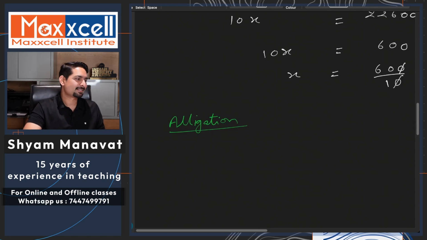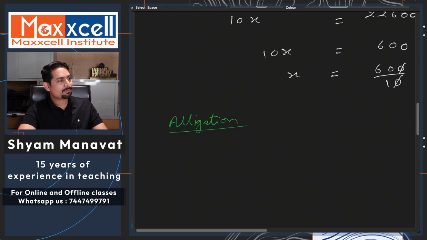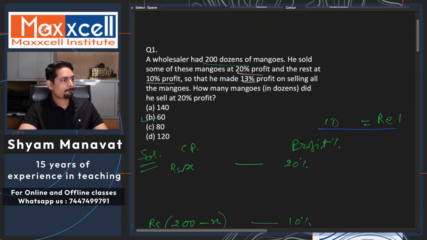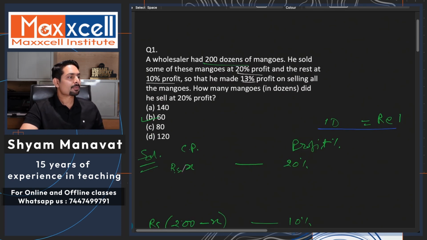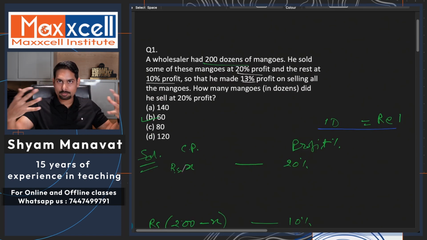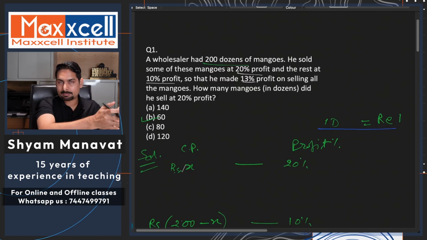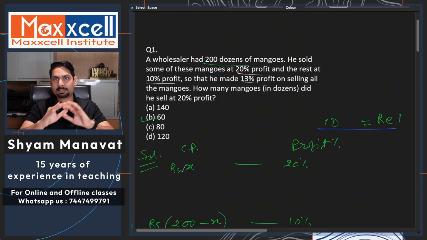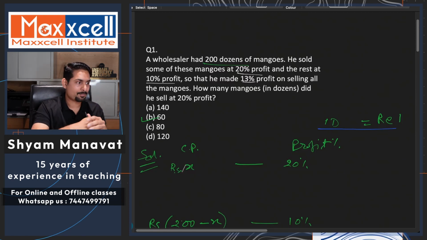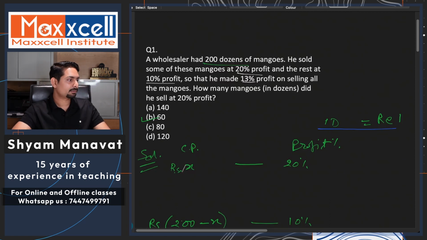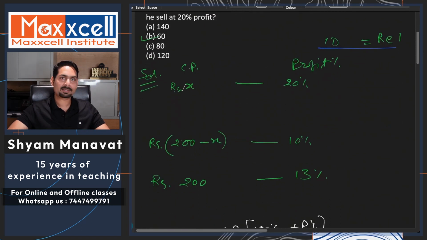So allegation rule is basically when you have, here it works in different cases, but I'll show you in this case. When one quantity you divide into two parts, one is sold at some profit and the other is sold at another profit, and then you have got a mix. In that particular situation, this alternate method works. And the solution which I have shown you here will work all the time.